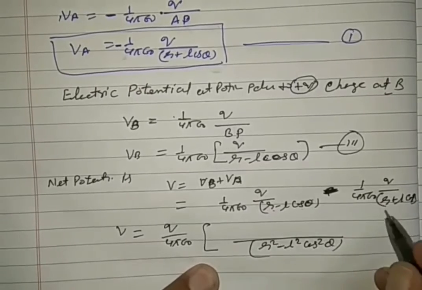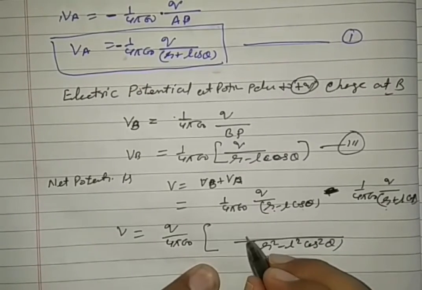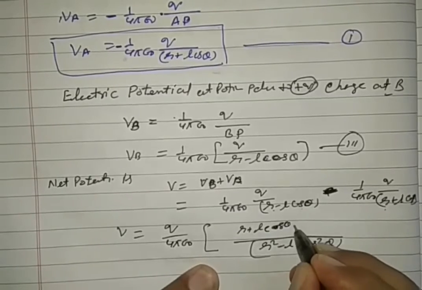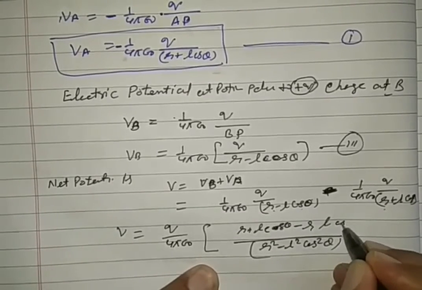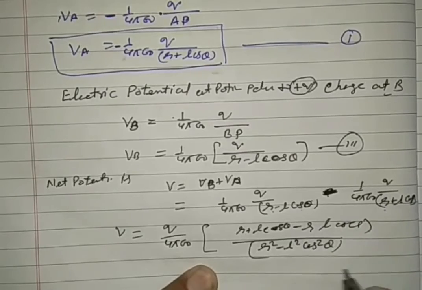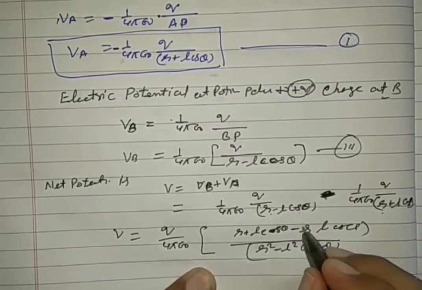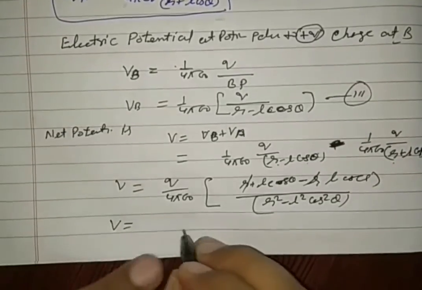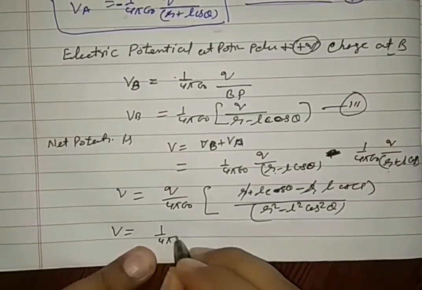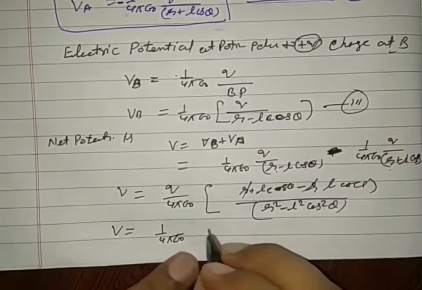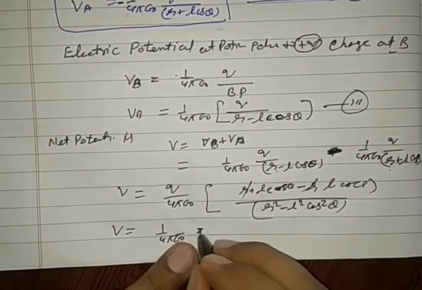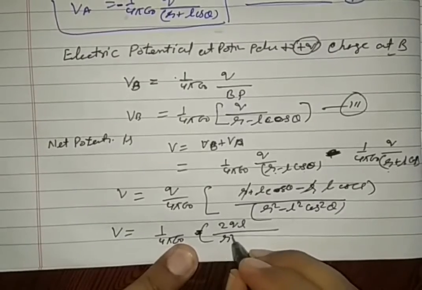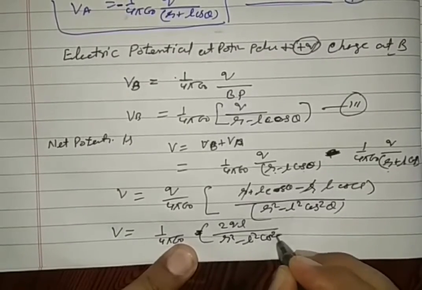Now here it becomes r plus L cos theta minus r plus L cos theta, so r cancels on both sides, and the net potential becomes 1 upon 4 pi epsilon 0 into 2qL by r square minus L square cos square theta.